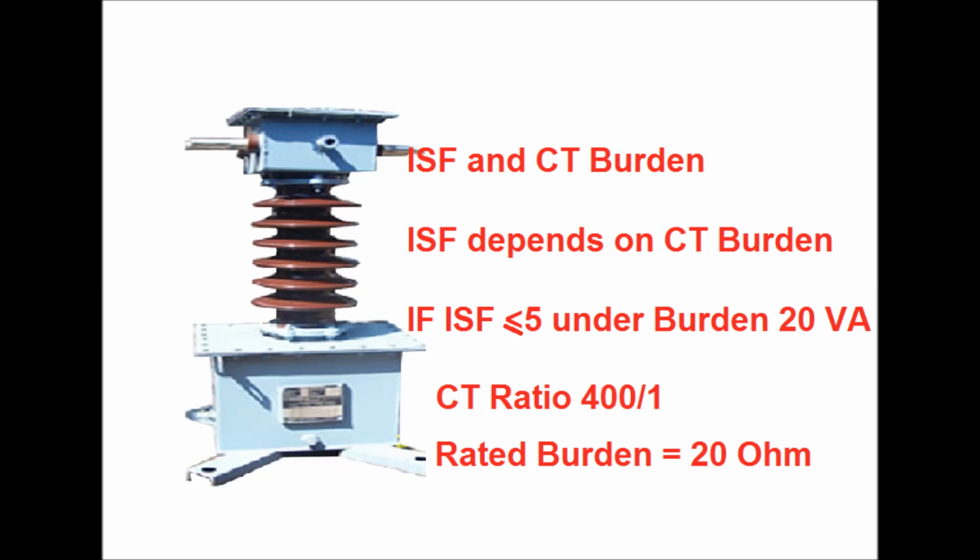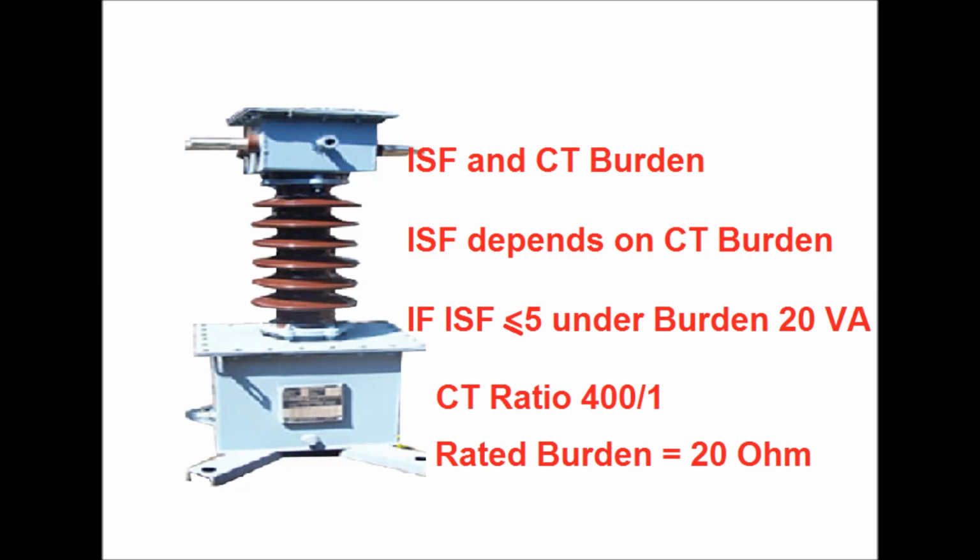So under this high fault current, the instrument which is connected in the CT secondary circuit may get damaged. So in order to safeguard the instrument, instrument security factor is provided for metering class CT.